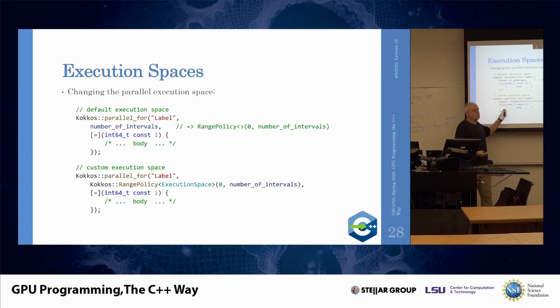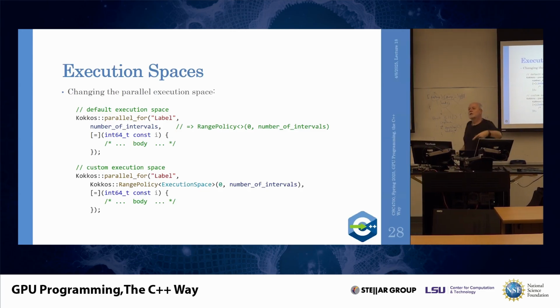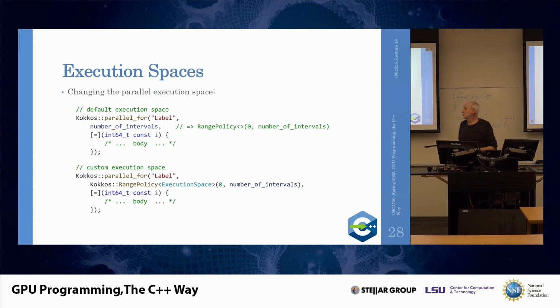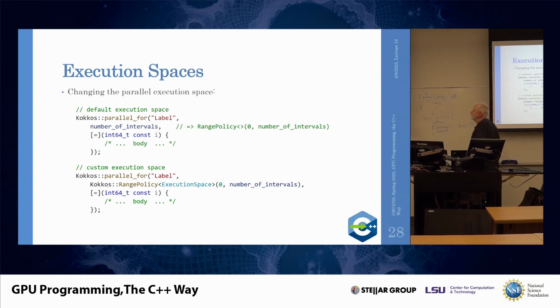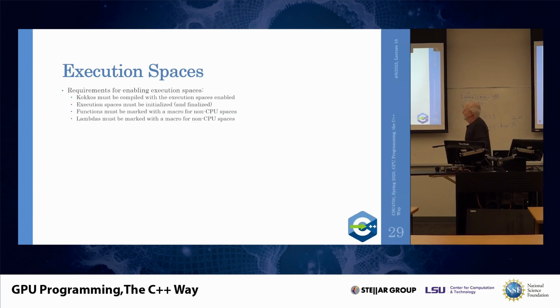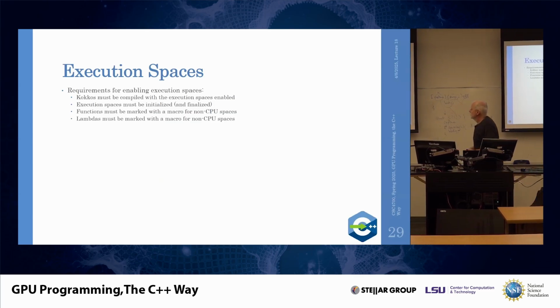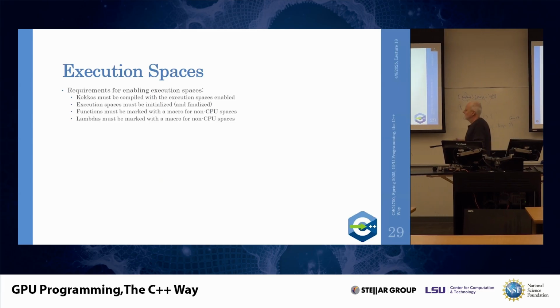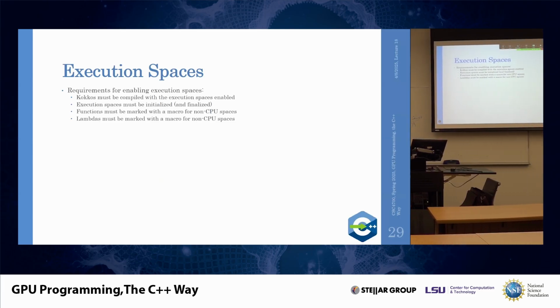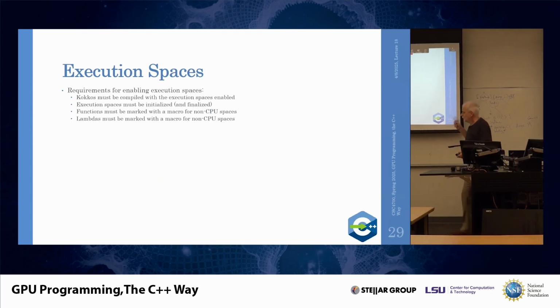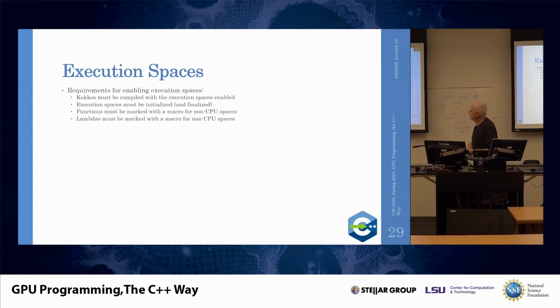And then this body will be executed in the context of wherever that execution space refers to. You have to enable it at compile time, otherwise execution spaces will not be available. In the Docker image for the homework, execution spaces are enabled, so you can use them.